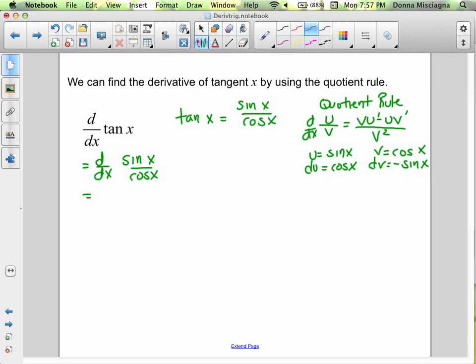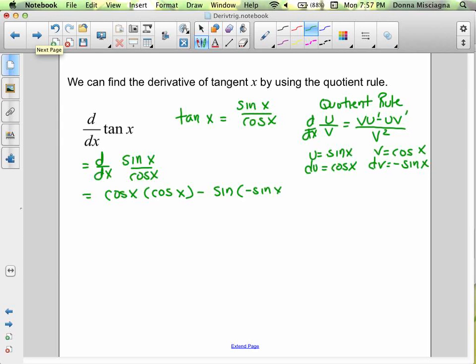Using the quotient rule, it's going to be the denominator, cosine x, times the derivative of the numerator, which is cosine x, minus the numerator, sine x, times the derivative of the denominator, which is negative sine x.